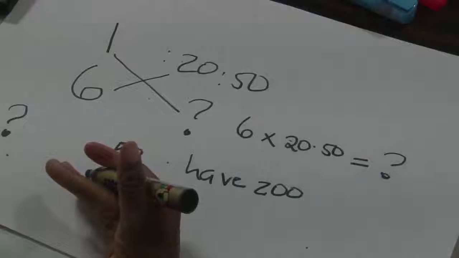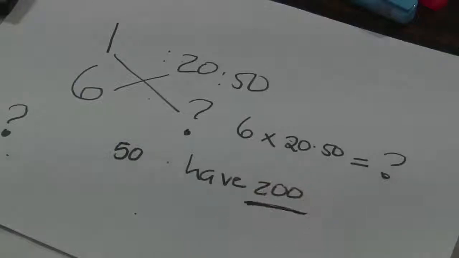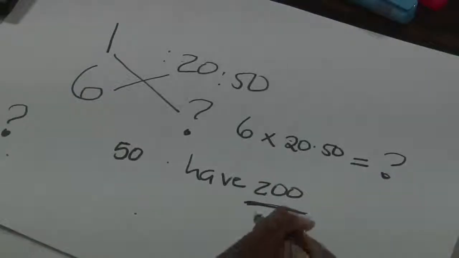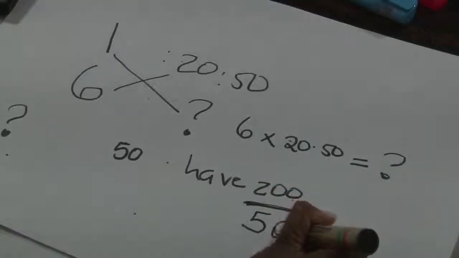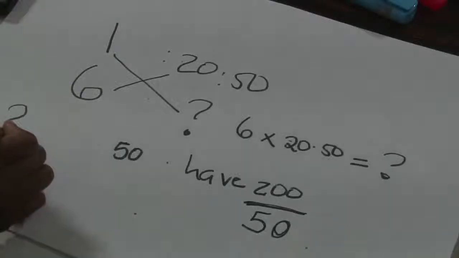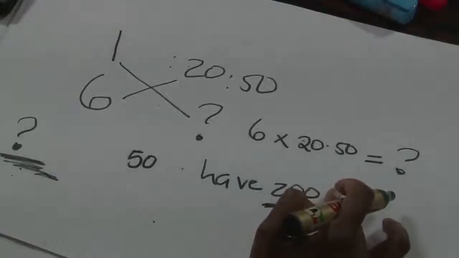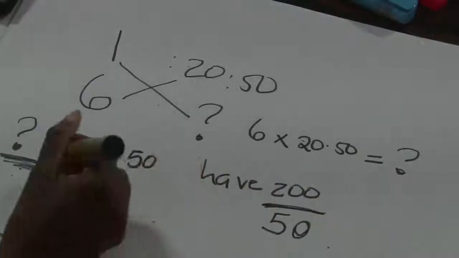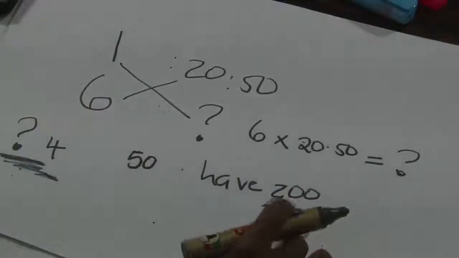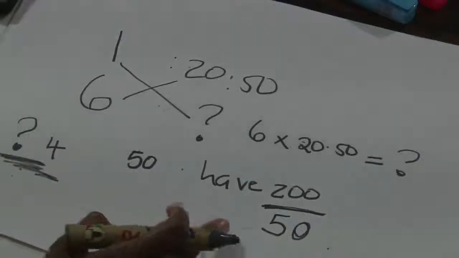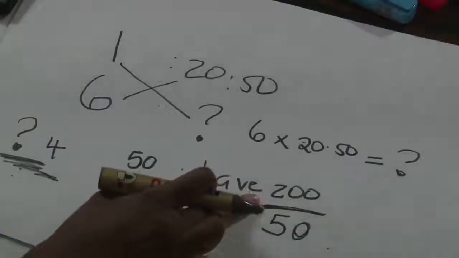What are you going to do? You look at your sum, and then you divide this sum by how much each costs, and you will know the number of blooms, which is going to be 4 already, because 200 divided by 50 is 4 blooms.